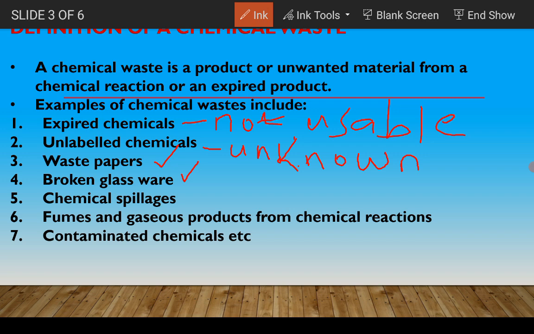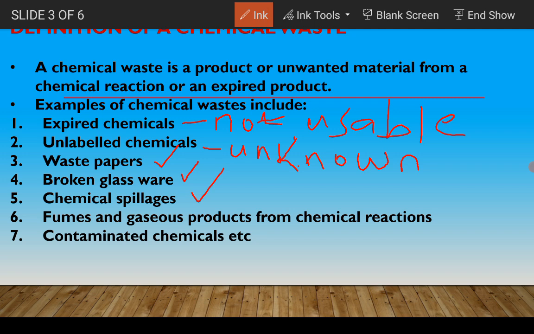Chemical spillages: sometimes in the course of carrying out a chemical reaction, some chemicals can spill on the benches where you're working. They become chemical wastes. And they need to be handled carefully, as some of them may be toxic, may be hazardous.